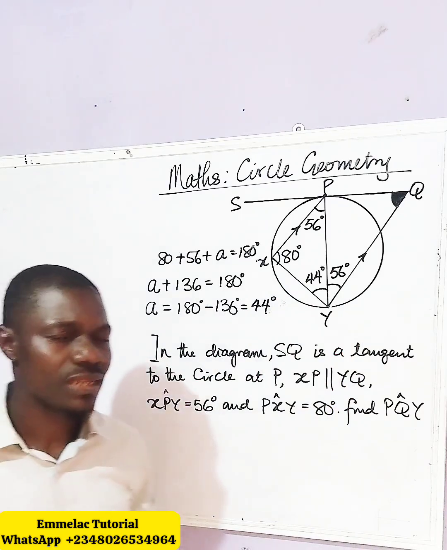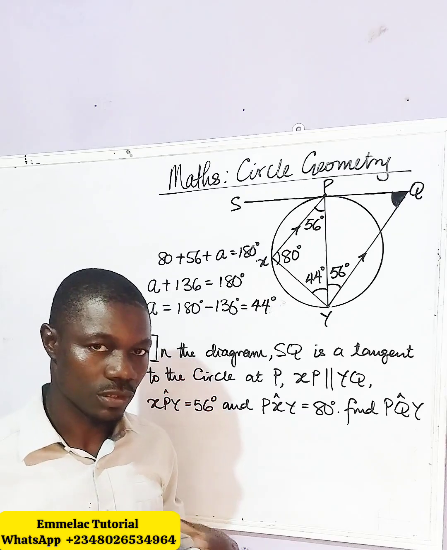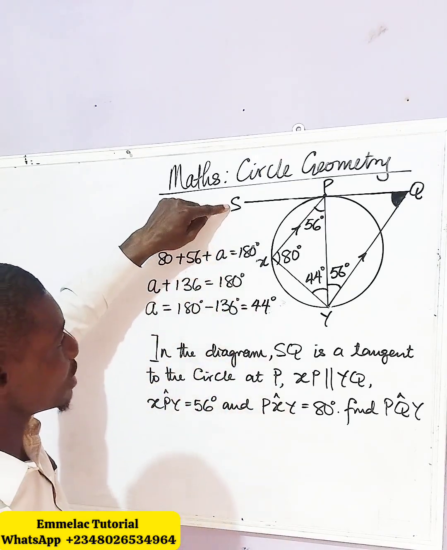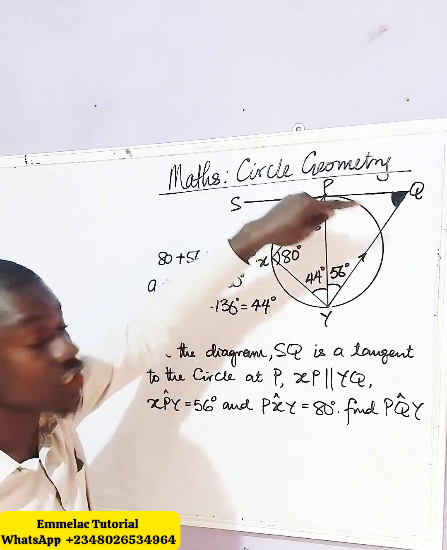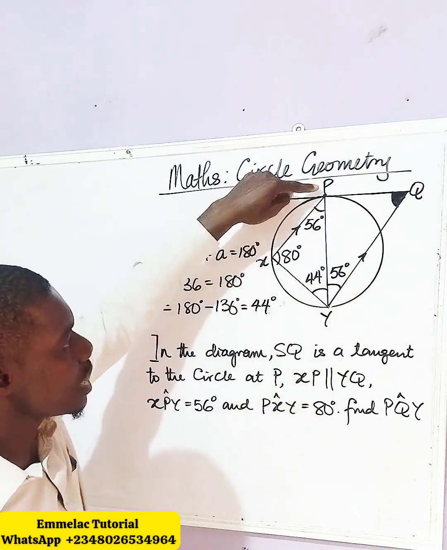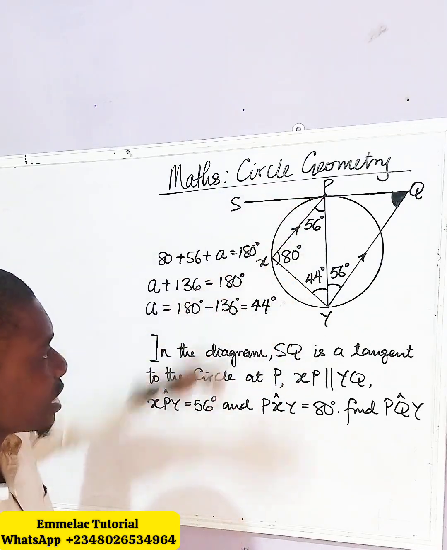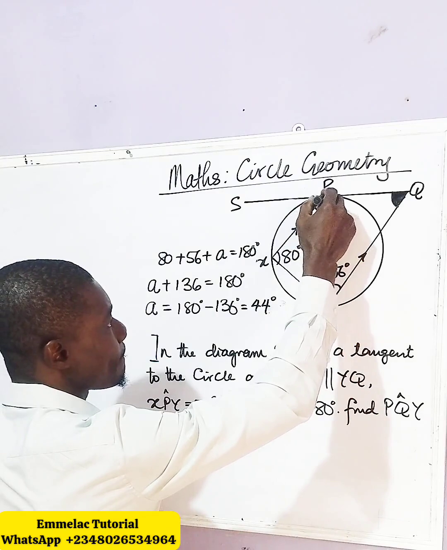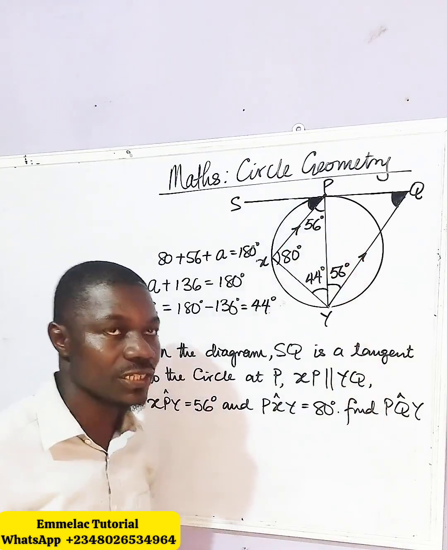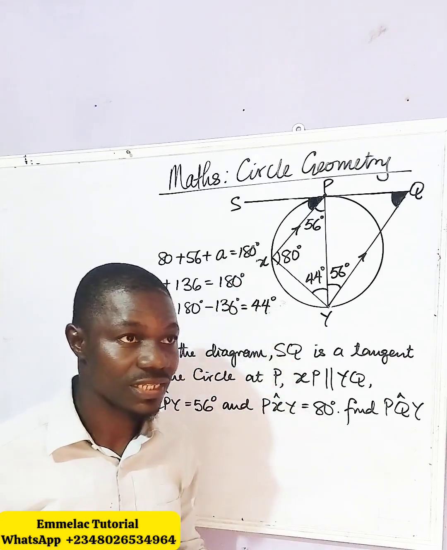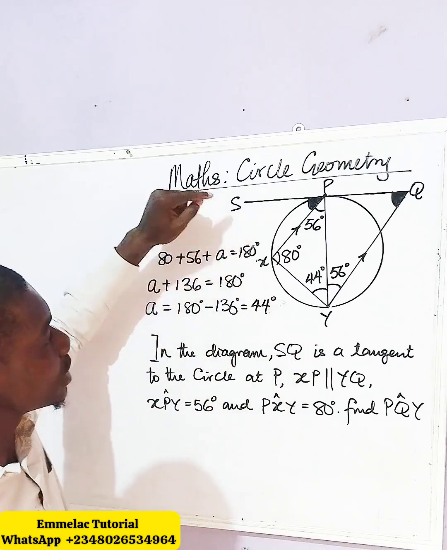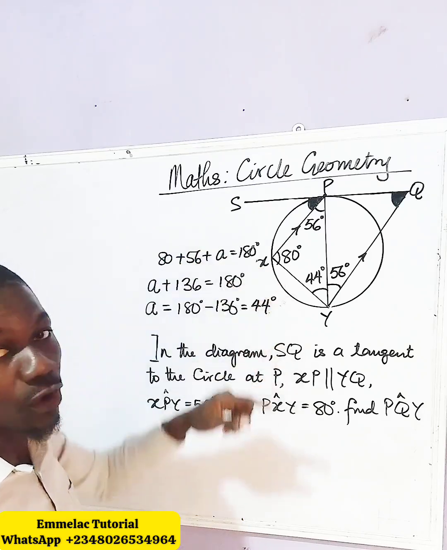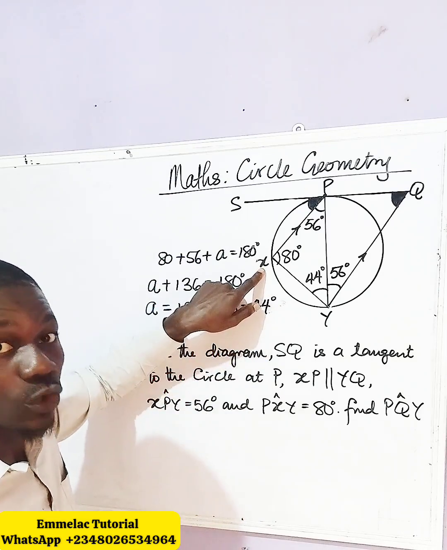Now since we are dealing with chords, there are laws that govern chords. Here you see SPQ is a tangent, and XP here is a chord, and you can see that there's an angle formed here. There is a law that governs chord and tangent, and it says that the angle formed between a tangent and a chord is equal to the angle subtended by this same chord in the opposite segment.